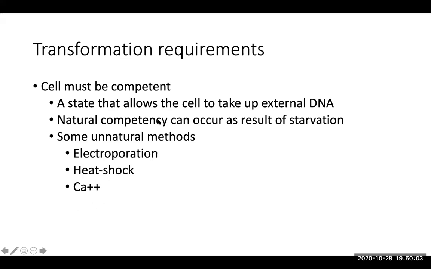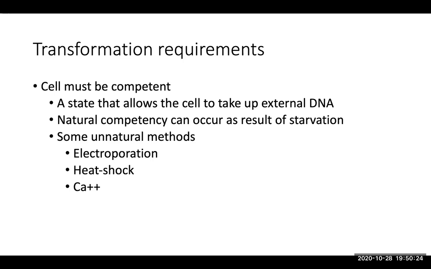But the natural way that cells do this, usually when they're starving and they need to have an alternative food source, they can actually use external DNA in the environment and chop it up into pieces and use it as a carbon source and as building blocks.